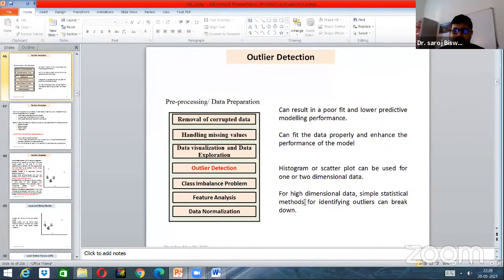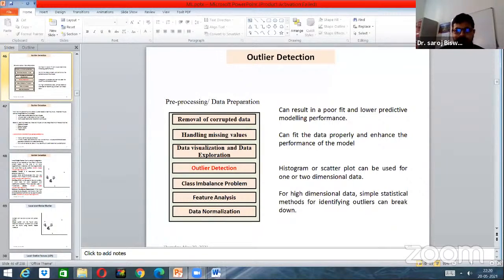But whenever we have high dimensional data, simple statistics cannot identify the outliers. Then we need some sophisticated method, some advanced machine learning method, for detecting the outliers.